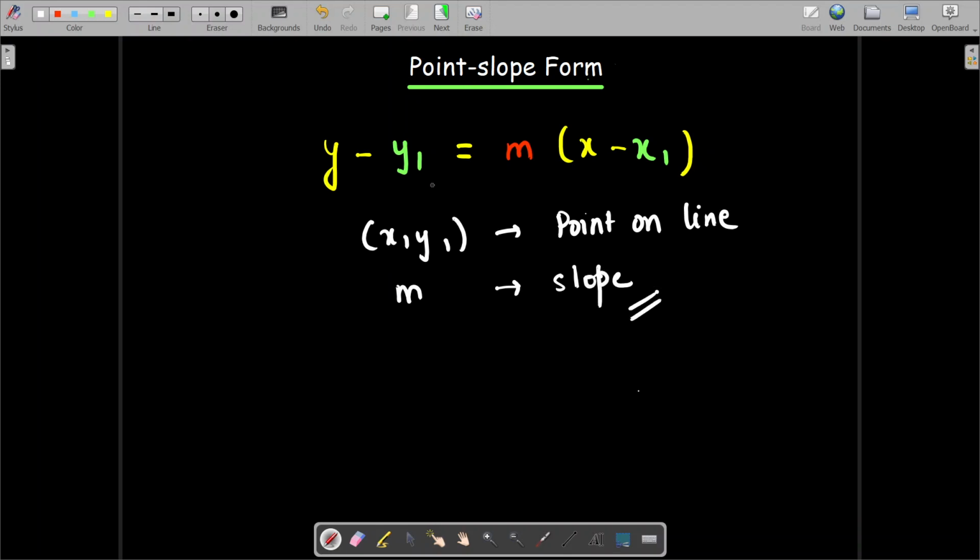Okay, so for example, it would be y minus 2 equals 3 times x minus 1. Here 3 is the slope of the line, and the point 1, 2 lies on the line.